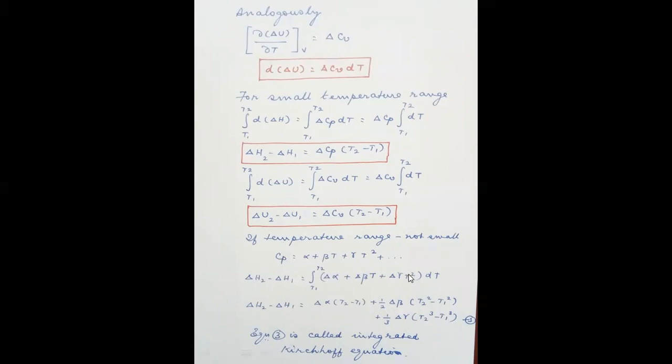Therefore, that will also be integrated. So when you complete all the integrations, what you are getting is delta H2 minus delta H1 equal to delta alpha (T2 minus T1) plus 1 by 2 delta beta (T2 square minus T1 square) plus 1 by 3 delta gamma (T2 power 3 minus T1 power 3). And this equation is called integrated Kirchhoff equation.